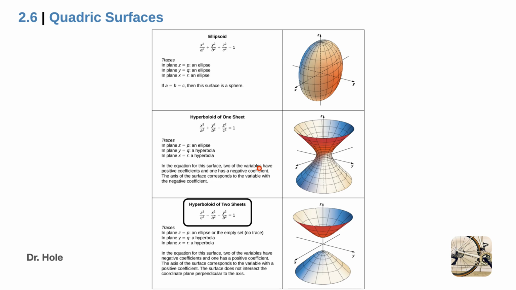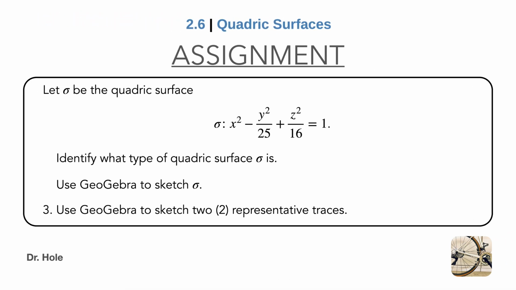These 2, hyperboloid of 1 sheet and hyperboloid of 2 sheets, have horizontal traces, ellipses, and vertical traces, hyperbolas. Nice. And here's an assignment. Sketch this quadric surface, identify what it is, and then use GeoGebra to also sketch out 2 representative traces.